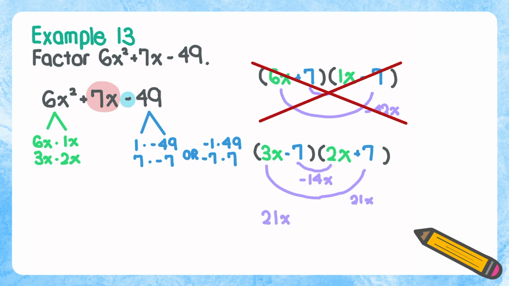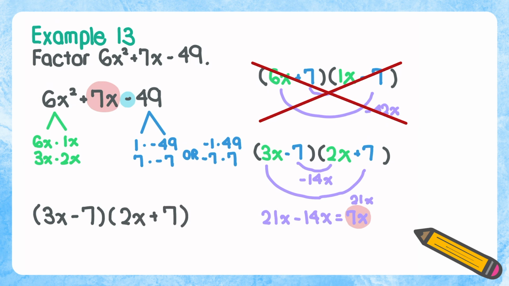So 21x minus 14x is 7x. So it's a positive 7x, and this is the middle term that we are definitely looking for. So I know that I've factored this trinomial correctly using the method of exhaustion to get 3x minus 7 times 2x plus 7.